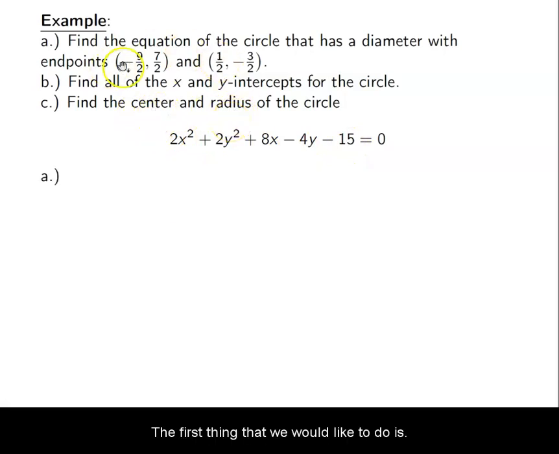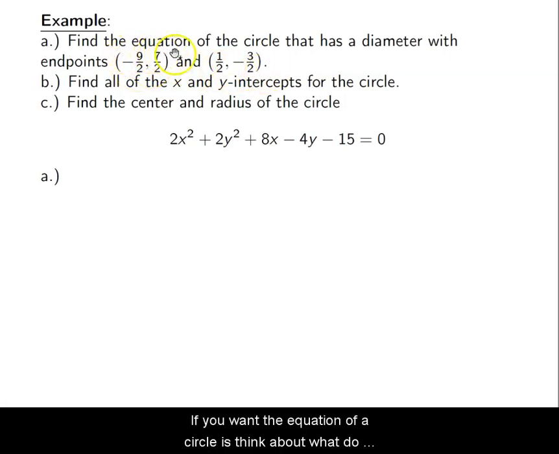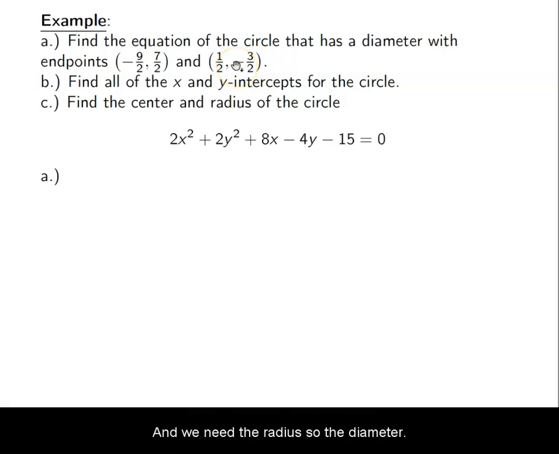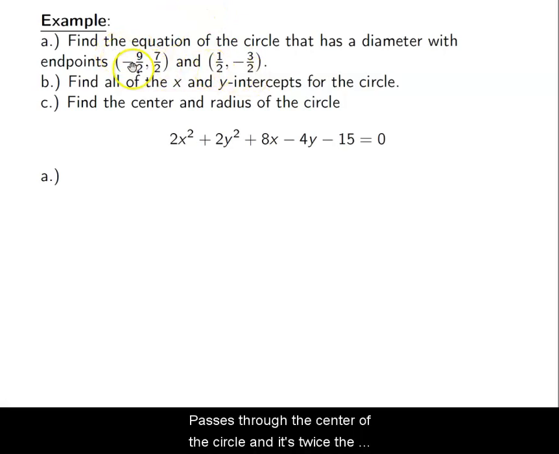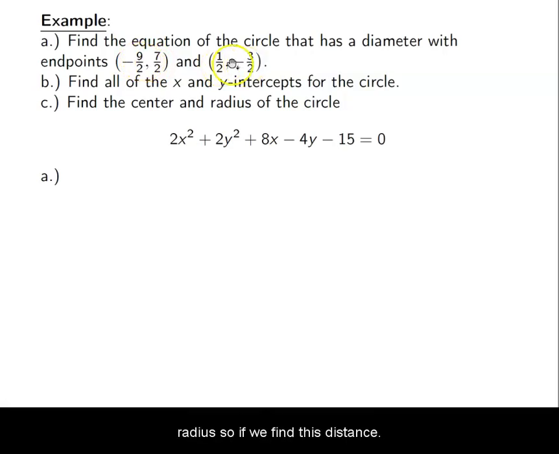So first thing that we would like to do, if we want the equation of a circle, is think about what do we need. We need the center and we need the radius. So the diameter passes through the center of the circle and it's twice the radius. So if we find this distance, then we can find what the radius is, because it'll be half of this distance.